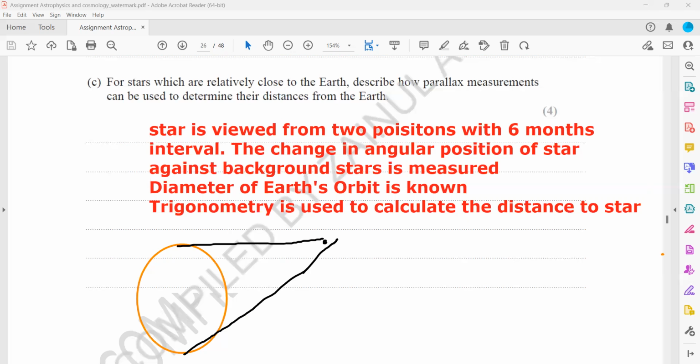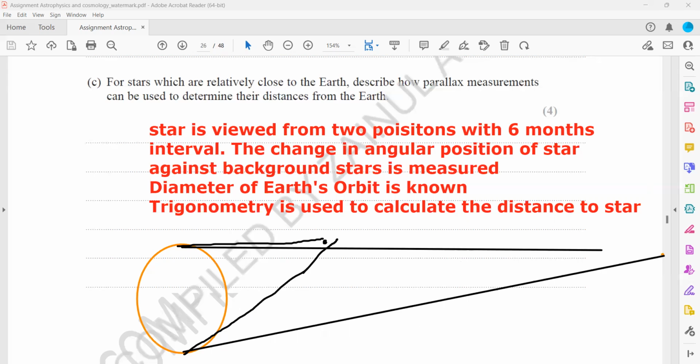But if it's too far from us, the change in angle will be very small, and as a result the percentage uncertainty will be higher. Is it clear? Trigonometric parallax, standard candles, and the Doppler shift can all be used to determine the distance of the stars.